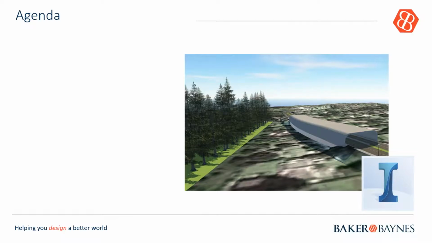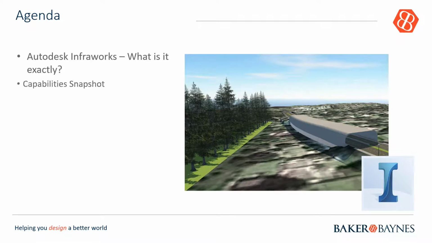Okay, so let's look at the structure of today's webinar. Of course, I always give an intro to whichever software I'm using, because we always have new users attending the webinars throughout the world. So it's really nice to see that. We're going to look at Autodesk Infraworks. What is it exactly? What's it used for? And then I put a quick snapshot of the main features that stand out. Of course, it's not all of them, but you can have a good look at that.